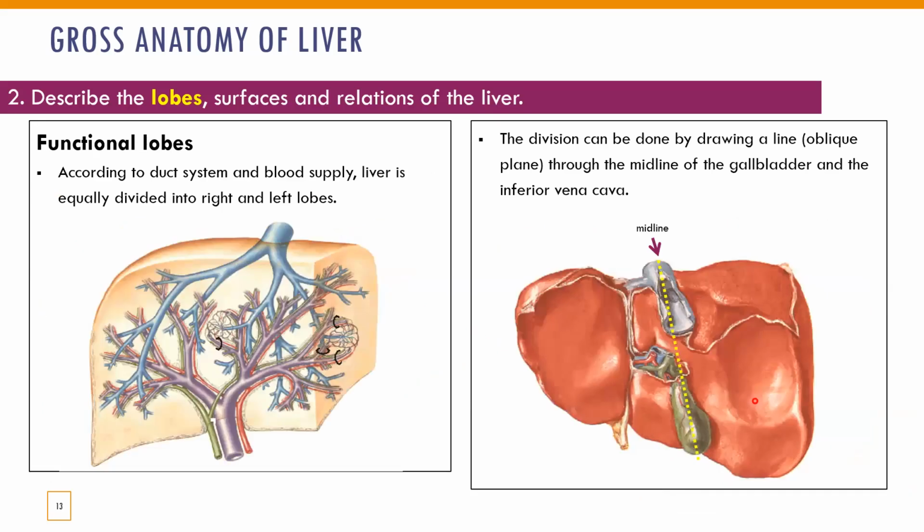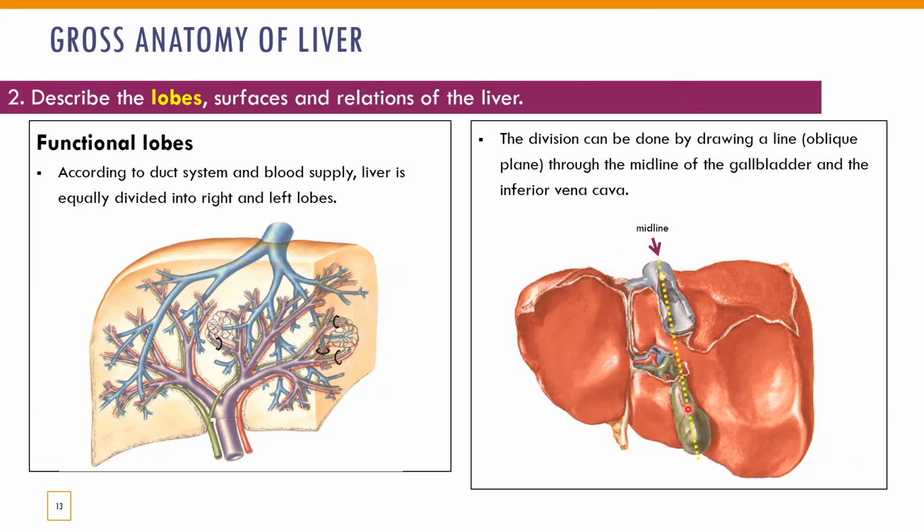Now we go to the functional division, the division of the lobes of the liver based on function. This functional lobe is divided according to the duct system and blood supply, and they are equally divided into the right and the left lobe. The division can be done by drawing an imaginary oblique plane through the midline of the gallbladder and the inferior vena cava.